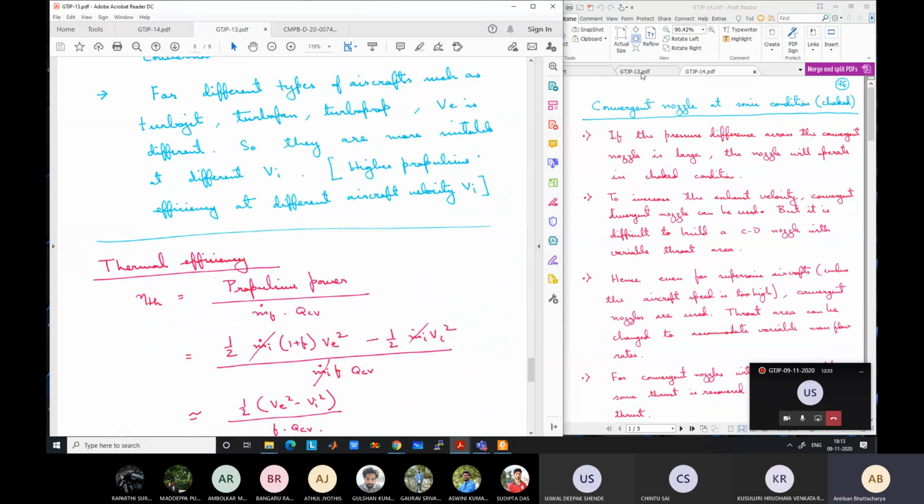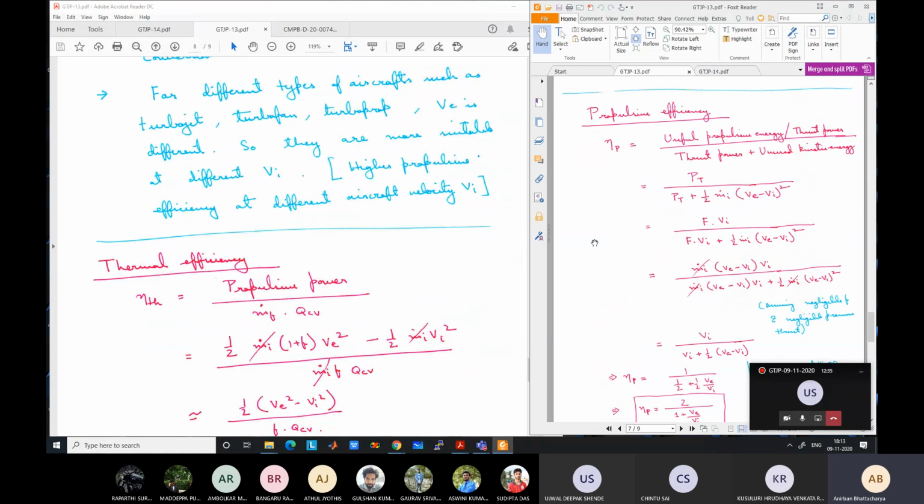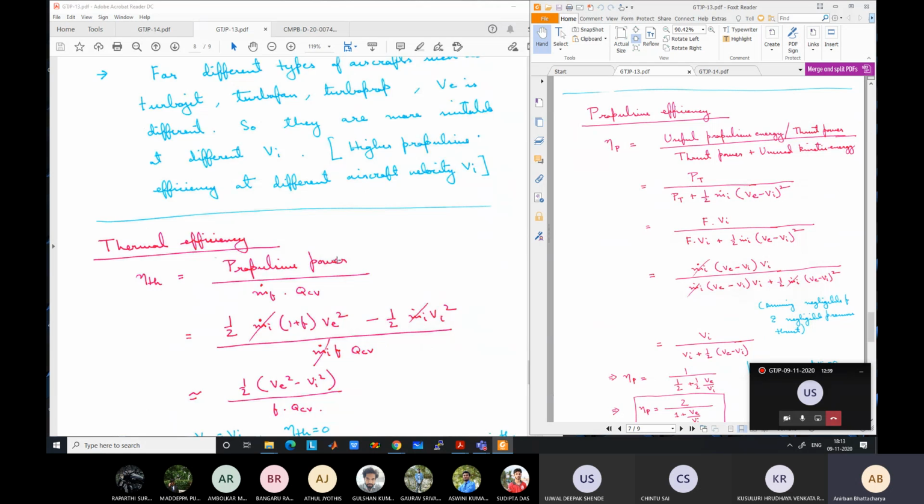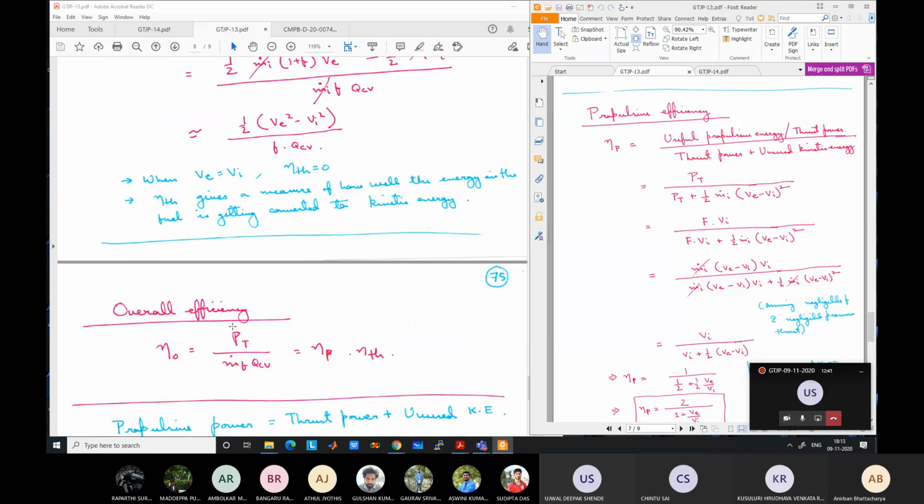Let me keep this open here, so that you have that as reference. So PT, F into Vi, divided by the total calorific value of the fuel, is equal to the propulsive efficiency into the thermal efficiency.